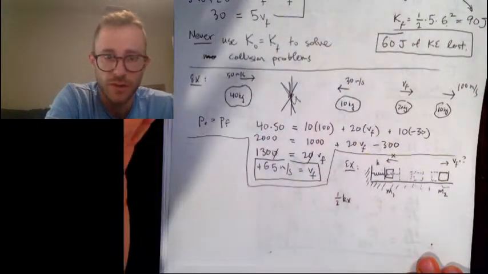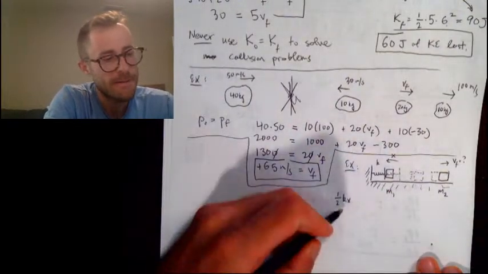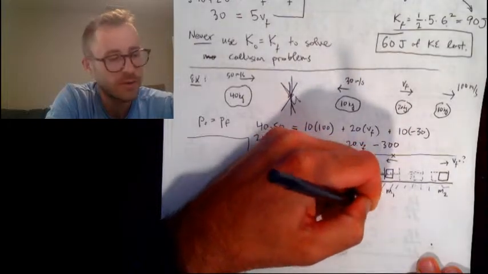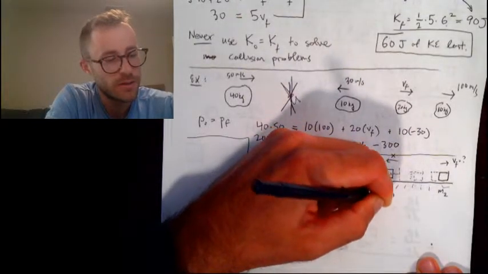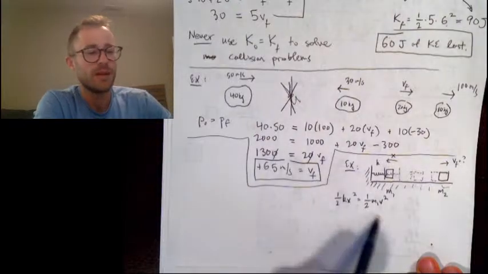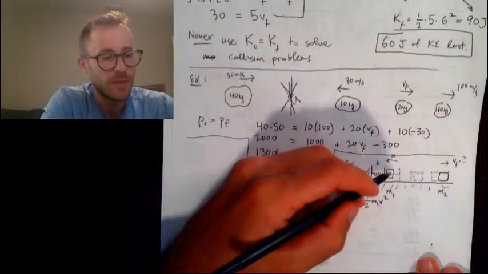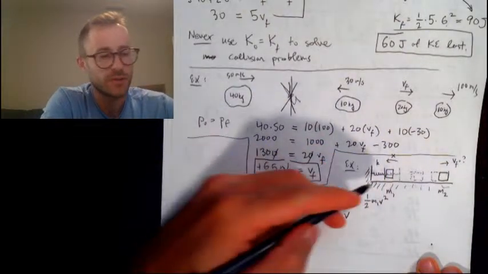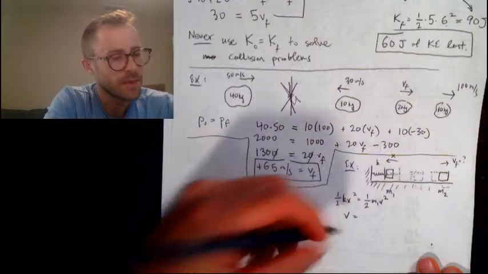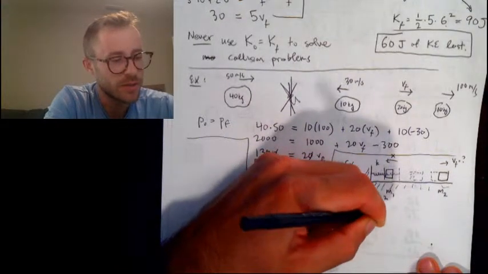So it goes from an energy problem to a momentum problem, all right? So you have 1/2 kx squared equals 1/2 m1 v squared, okay? And that tells us that the velocity of the mass 1 after it's launched is going to be square root of k over m1 times x.